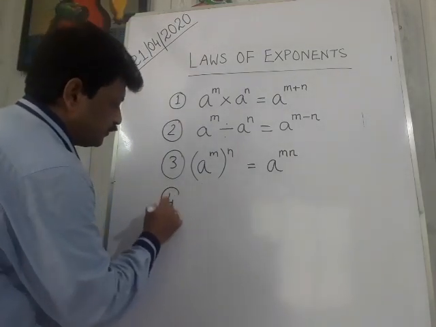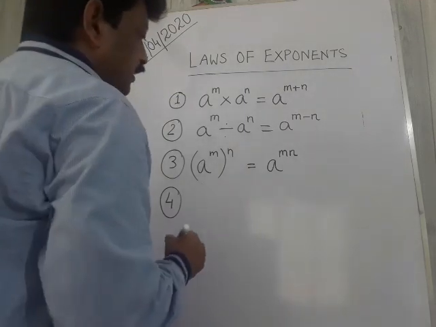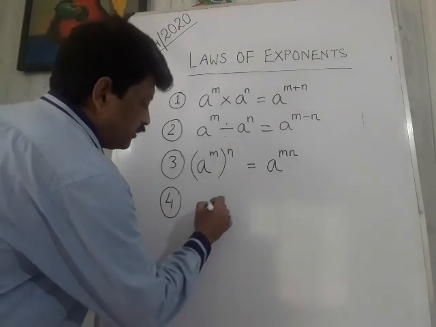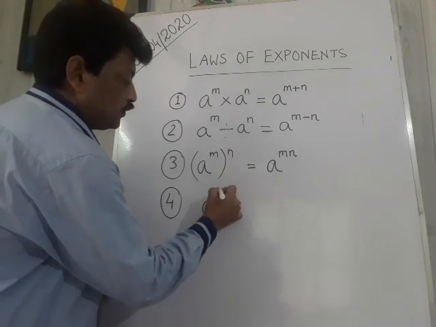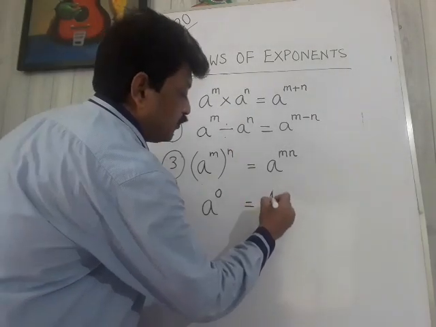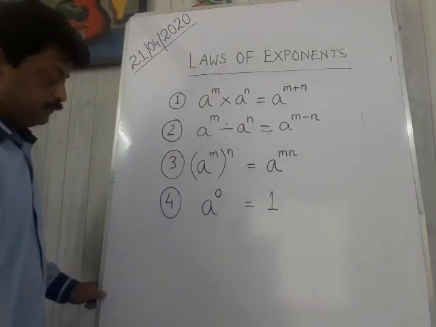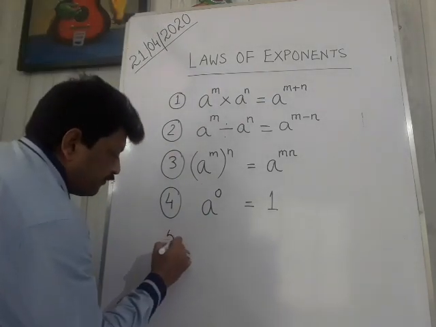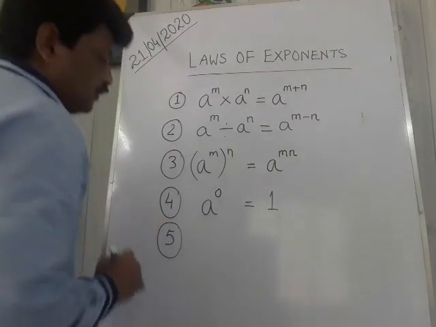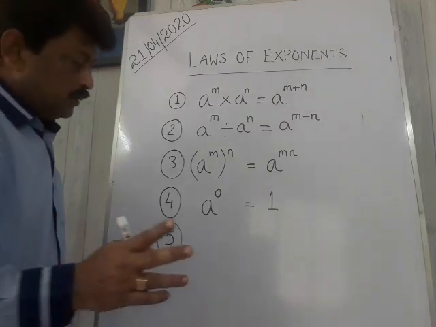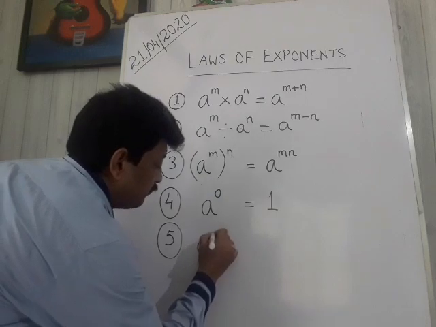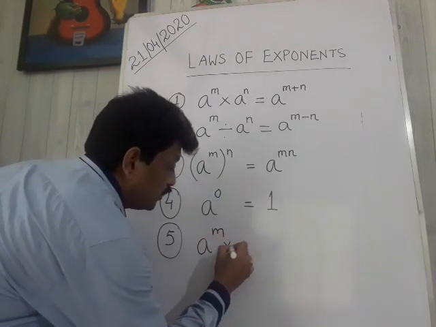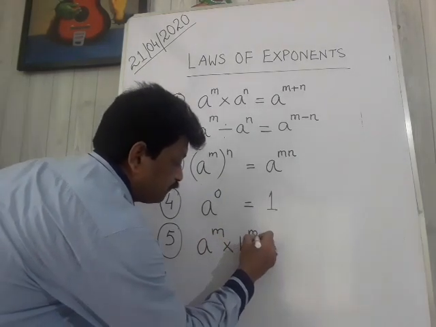Law number 4, if any number is having power 0, then that will become 1. Number 5, now let me take two different bases, a to the power m into b to the power m.